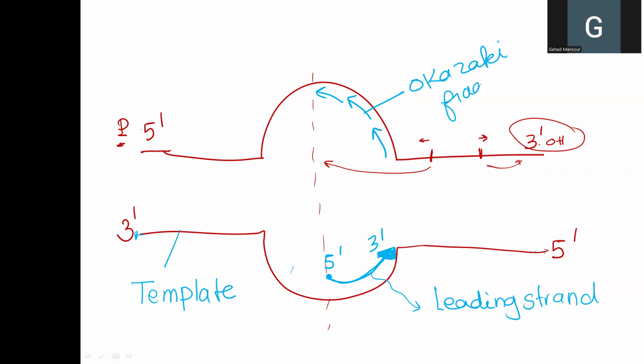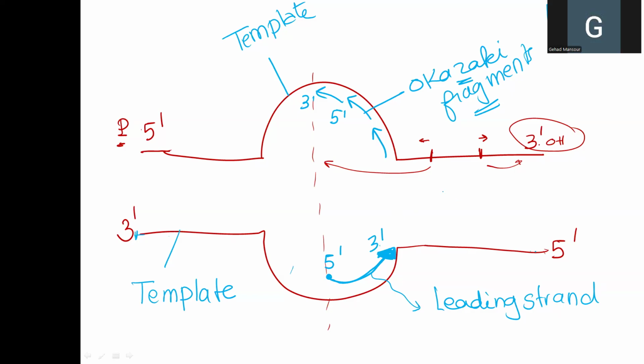And that's why the other strand, because it's built up in segments, in Okazaki fragments, is called the lagging strand. But of course, this strand will also be the template strand for the Okazaki fragments. And again, each of the Okazaki fragments will be built up in the usual direction, which is 5' to 3'.